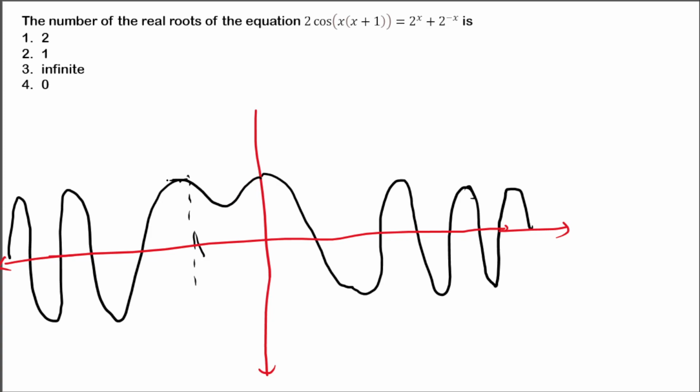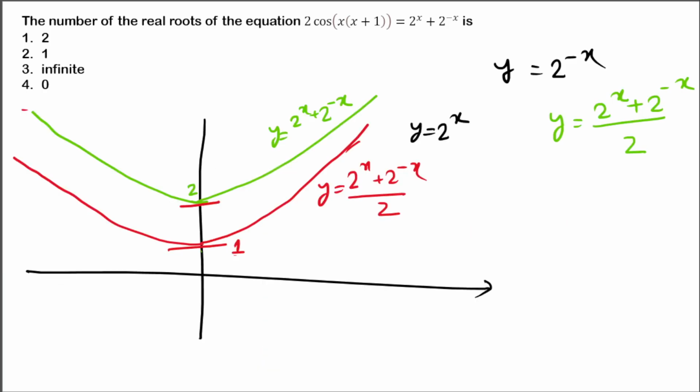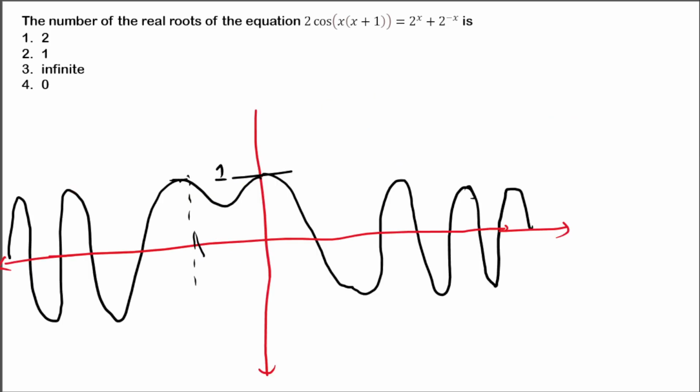That was our first equation, and this point was 1. And for this second equation it was something like this. So let me draw this here. Here you see there is only one point where these two graphs can intersect. So the number of real solutions is 1.